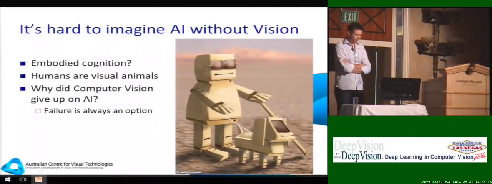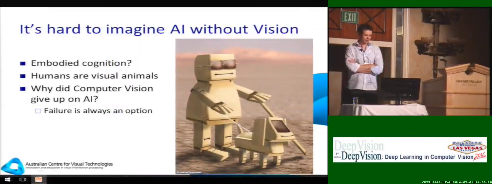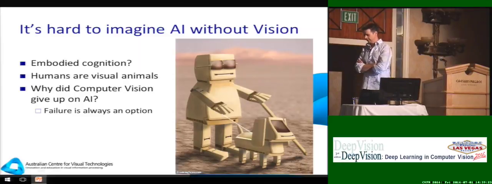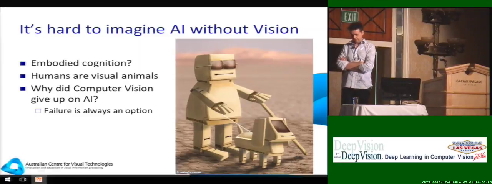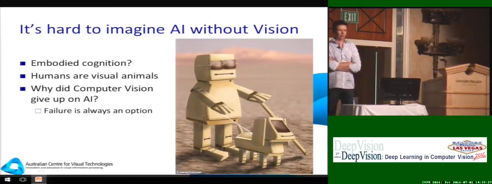So back to the hypothesis, right? Vision and artificial intelligence, I think, are intrinsically linked. There's some great theories about embodied cognition, and embodied cognition is the idea that intelligence has to be embodied, right?